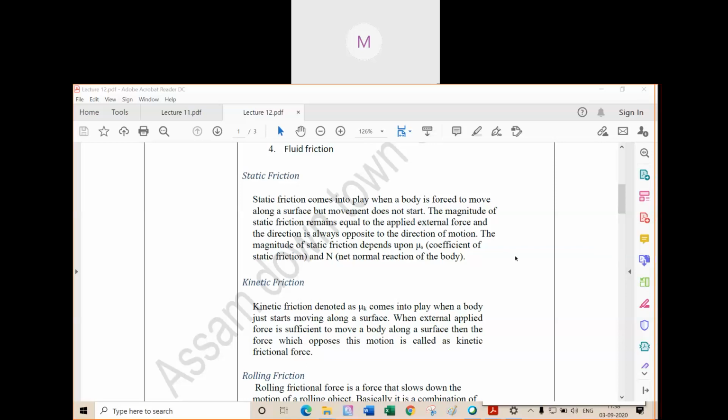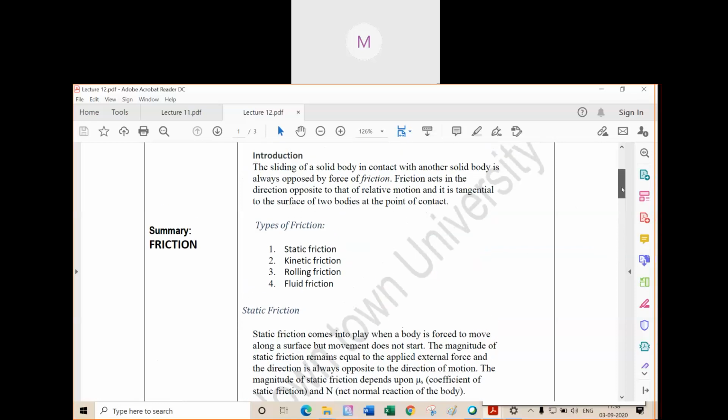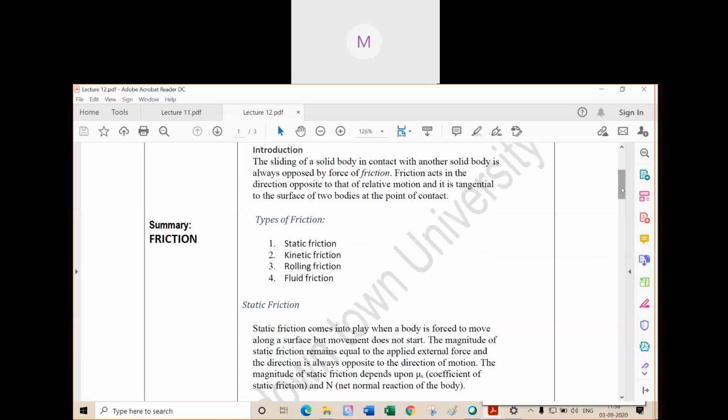So, let us go to friction now. What does friction mean? Suppose you are placing one body over another. Then what happens? It will eventually slide, right?